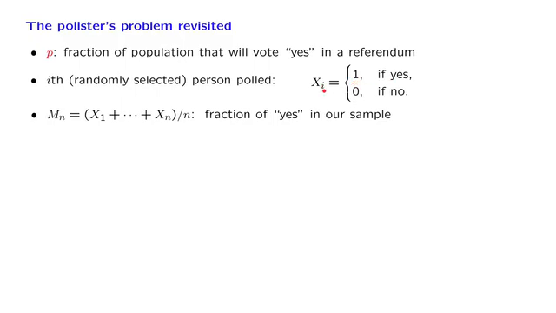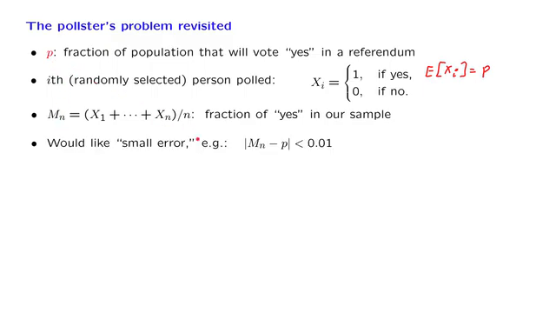So by the assumptions that we have made, these Xi's are independent Bernoulli random variables, and their mean is equal to p. We count how many X's were equal to 1, that's the number of yeses, we divide by n, and that gives us the fraction in the population that have responded yes. This is the sample mean of the X's. And we use this sample mean to estimate the unknown fraction p.